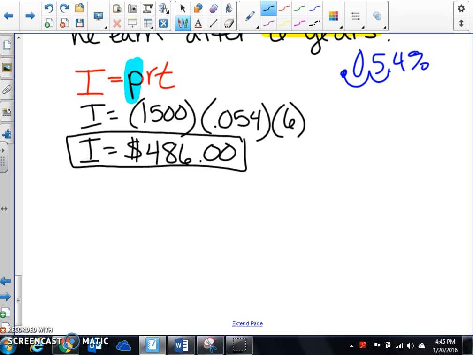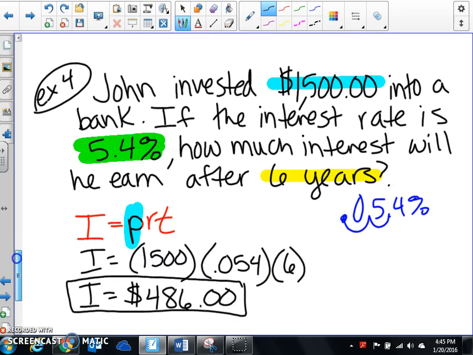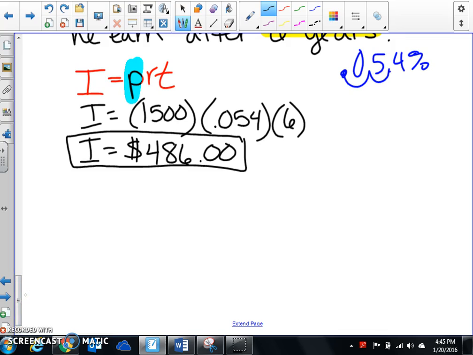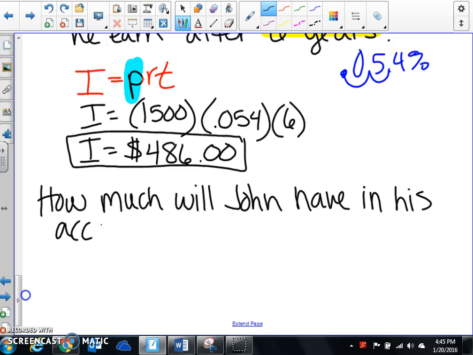Now here's the second part of that question. The first part was just how much interest will he earn. The second part is how much will John have in his account after the 6 years.